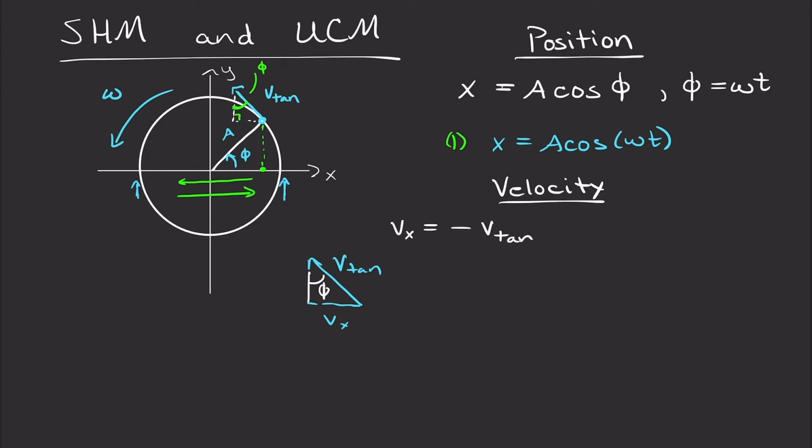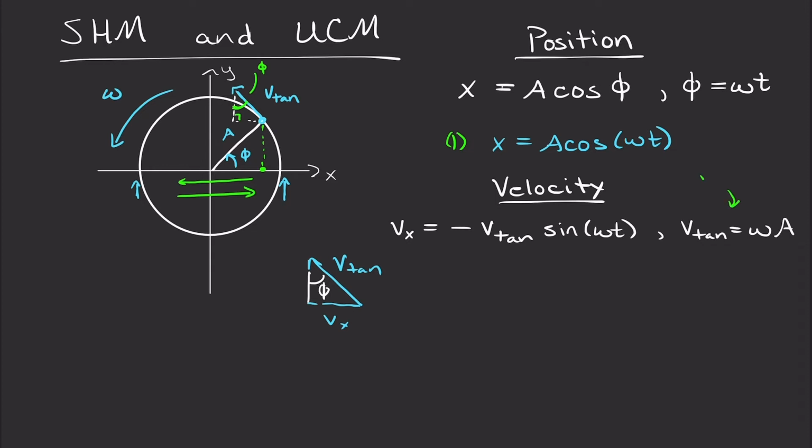So the x component of velocity is now the opposite side, so that's going to be sine of phi, or we already know phi is omega t. But we also know that the tangential velocity is just omega times the radius, so v equals r omega, and we already said our radius is just the amplitude.